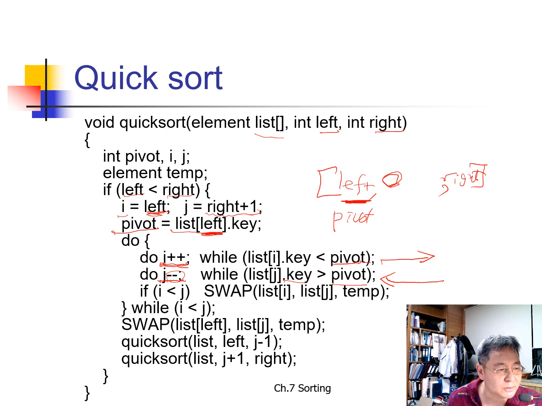Okay, so the found I and J will be compared. If I is smaller than J, then swap these two values.